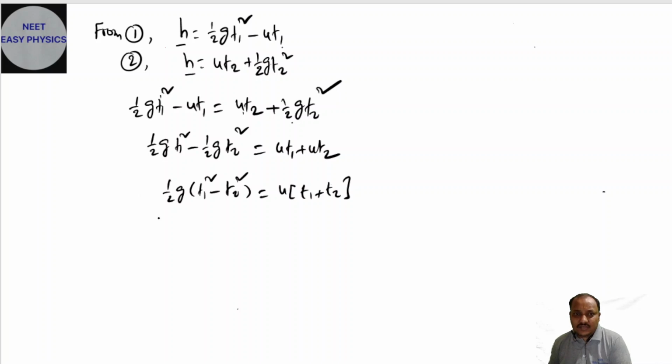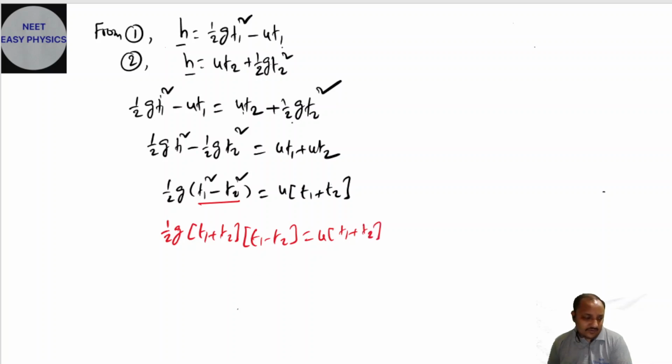Now this equation can be written as half g into (t1 plus t2) (t1 minus t2), since a square minus b square can be written as (a minus b) into (a plus b), equal to u into (t1 plus t2). Now you can cancel these two.